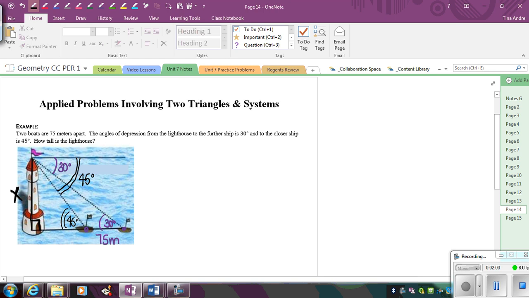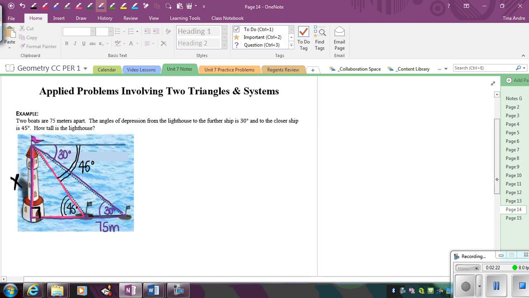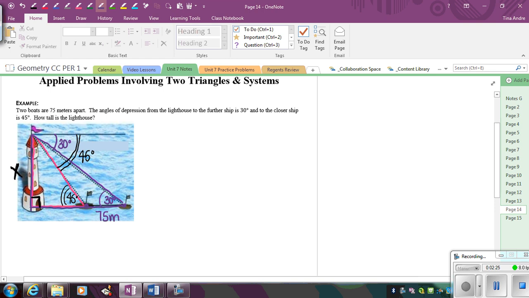The 75 represents the side of this obtuse triangle. So if we look at our two right triangles, I have this small right triangle, because remember with SOHCAHTOA you can only be working with right triangles, and I have this large right triangle. So I know that I'm going to be using this 75, but the 75 doesn't represent this entire leg.